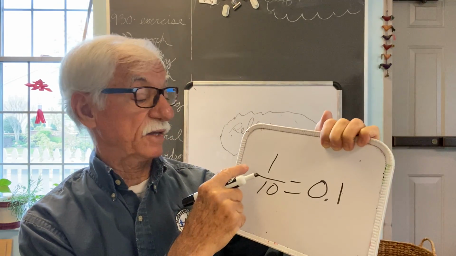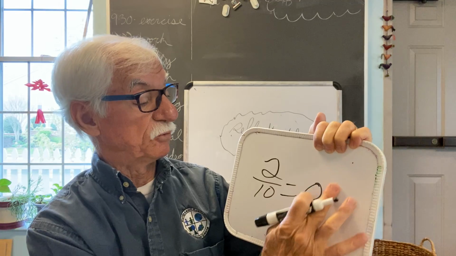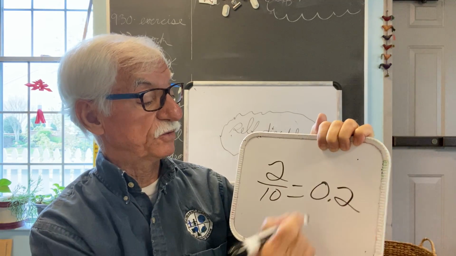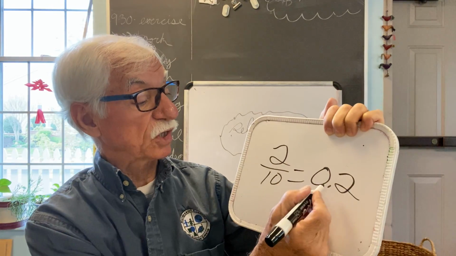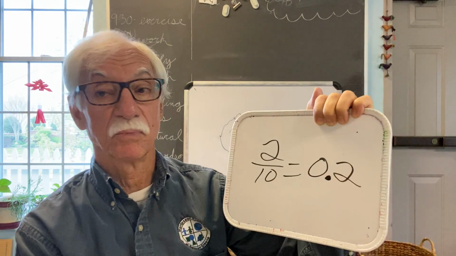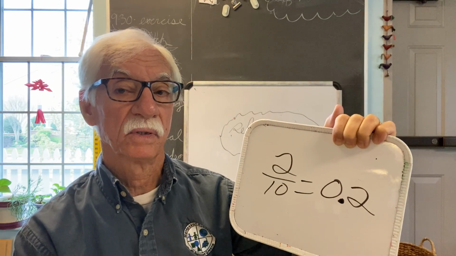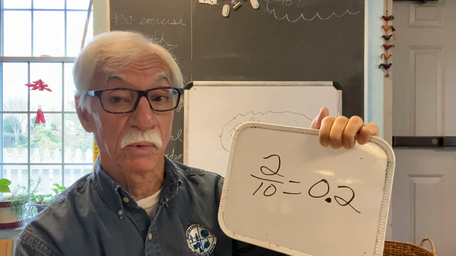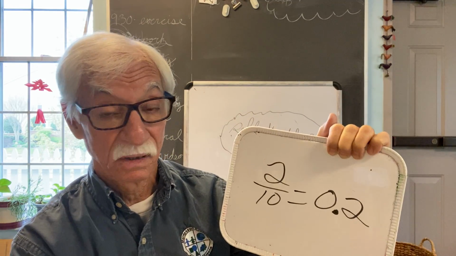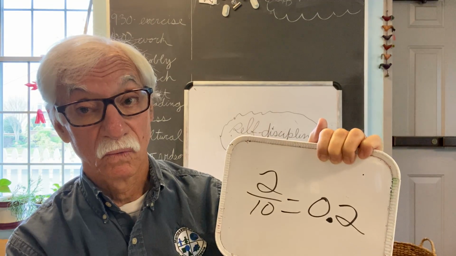And we went over the fact that 2/10 can be written 0.2. And again, by review, we talked about the importance of the decimal point. Because when you see that decimal point in a number, that means that everything going that way to the right of the decimal point is a fraction, and everything to the left of the decimal point is a whole.